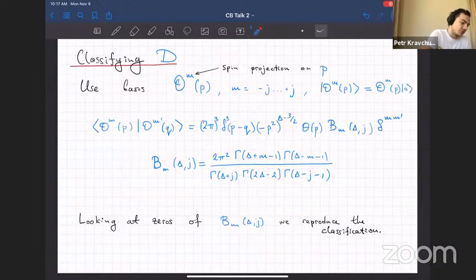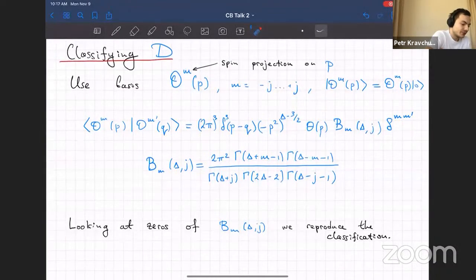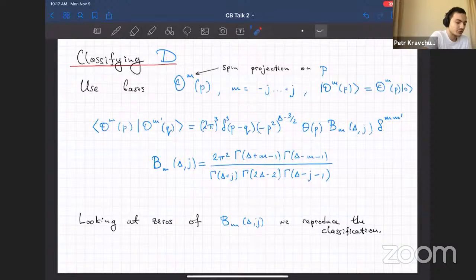And a convenient way to look at this Fourier transform of the Wightman 2-point function actually turns out to be to use the basis of spin indices for the local operators, where you transform the local operator to momentum space. Now you have this p, and you describe the components by their spin projection onto the direction of p. So you have this index m, which goes from -j to j, and it describes the projection of spin onto the direction of p.